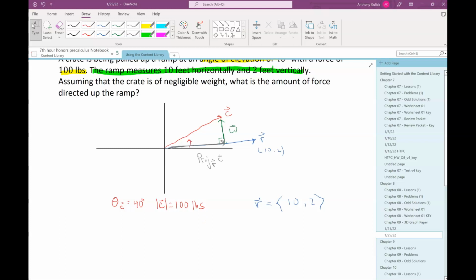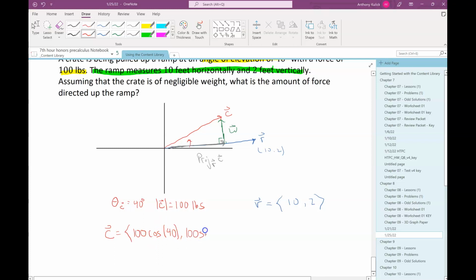Worth noting, the magnitude of R is definitely not 1, right? Remember, the magnitude is just the square root of the x component squared plus the y component squared. Definitely not 1 in this case, right? So we can't use that shortcut that we just developed a moment ago, but that's okay.